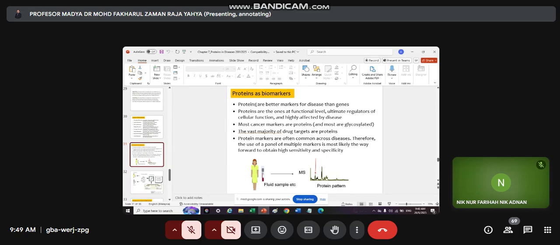So in this case, we are discussing about protein biomarkers to monitor disease in humans. So we are not discussing about biomarkers for plant disease or other abnormalities. We focus on biomarkers in human body system.